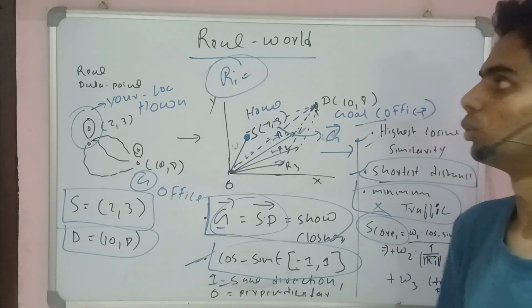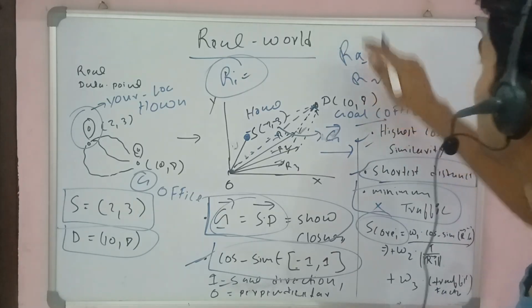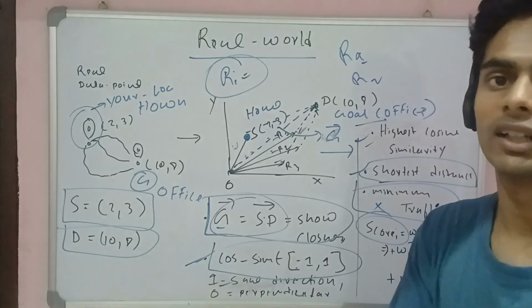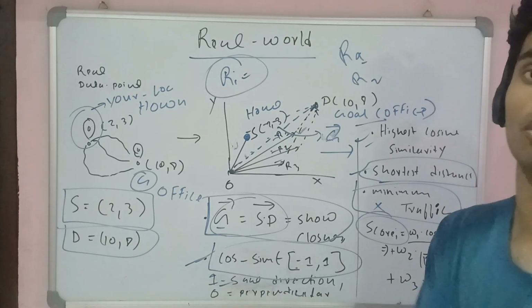Suppose route 1 and route 2: how close are the two vectors to each other? We need to find this out by using the dot product.